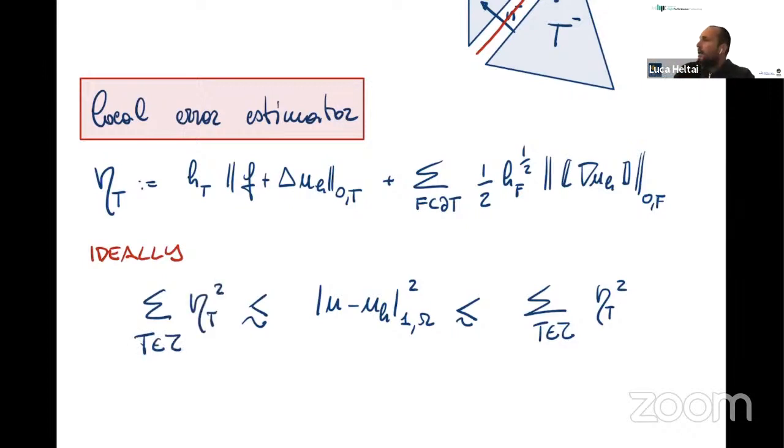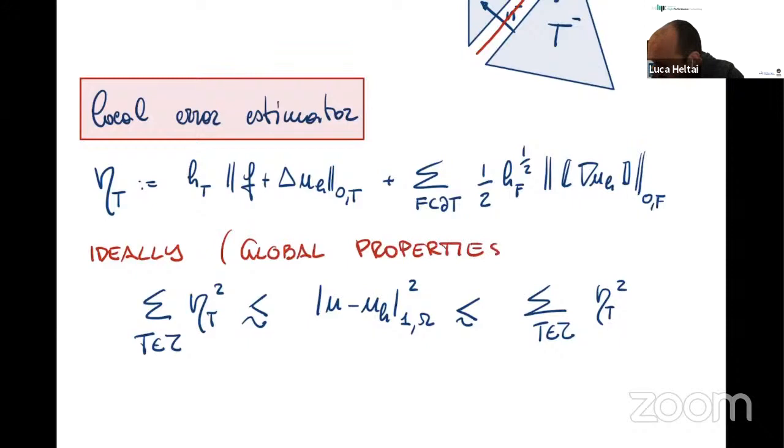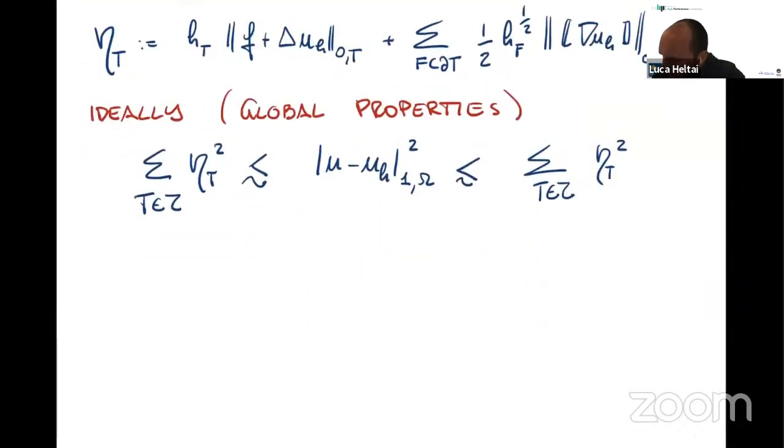So ideally, this is a global estimate, it's global properties. And local properties.